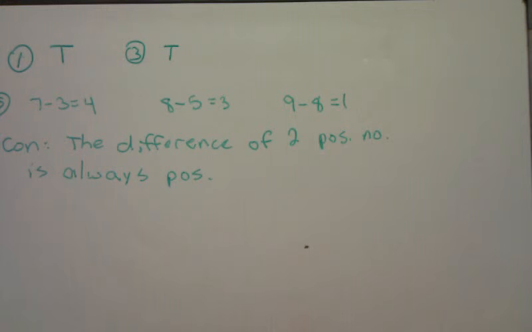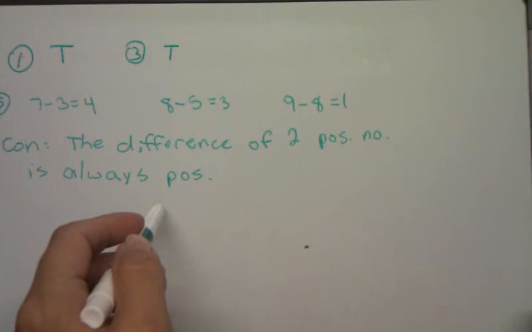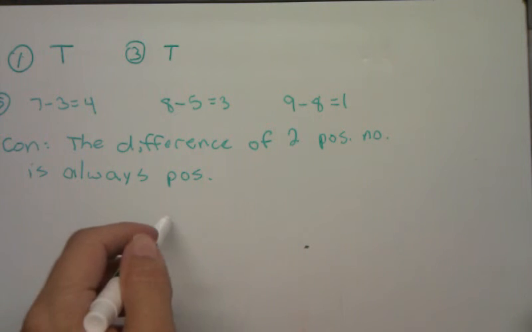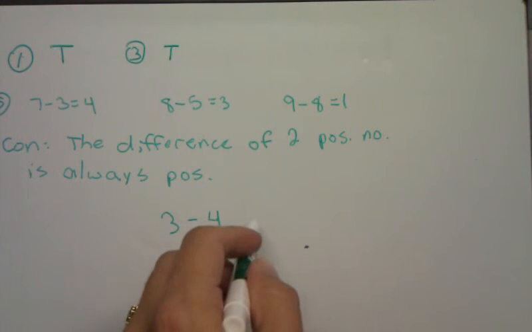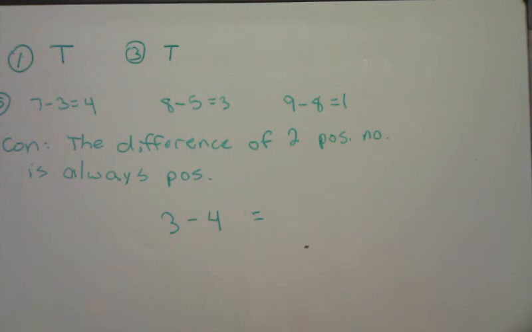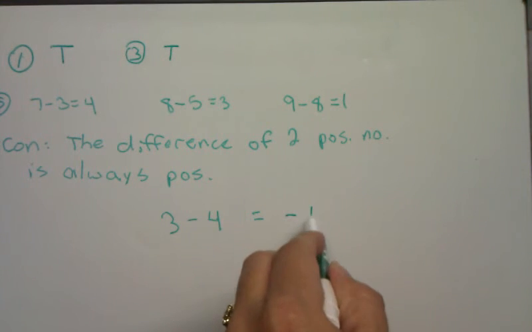Okay, well, here we go. Let's do 3 minus 4 equals, well, when I subtract, I have to use the sign of the larger number. My larger number is 4 and it's negative. 4 minus 3 is 1.